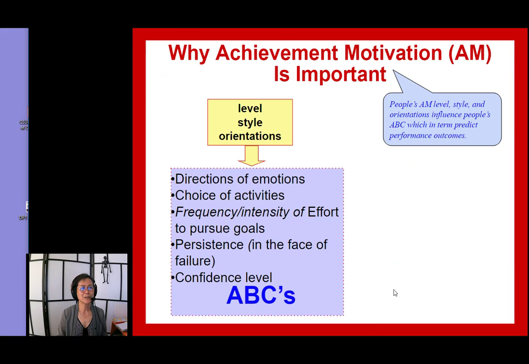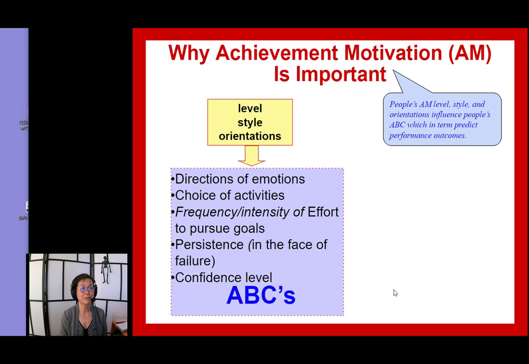Why is it important to understand achievement motivation, by the way? This achievement motivation level, style, and orientations determines the quality and direction of our ABCs. You know what ABCs means: affect, behaviors, and cognitions, right? An example could be the direction of emotions. It could be positive or negative depending on the achievement motivation level, style, orientations.